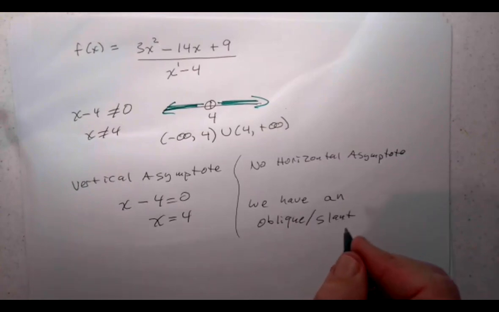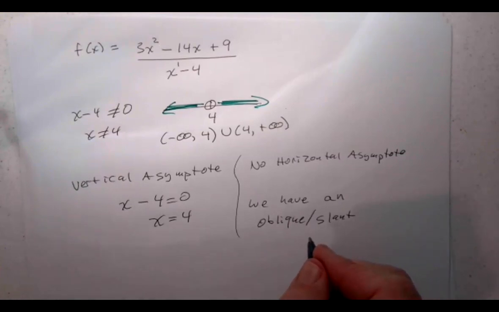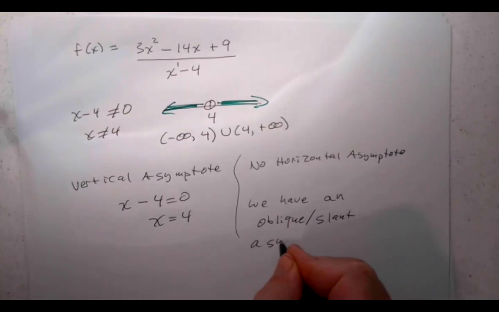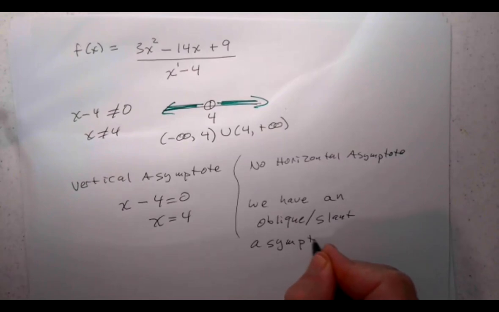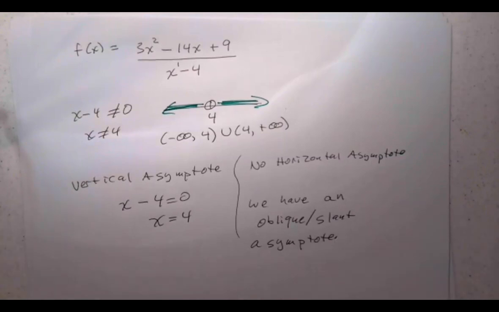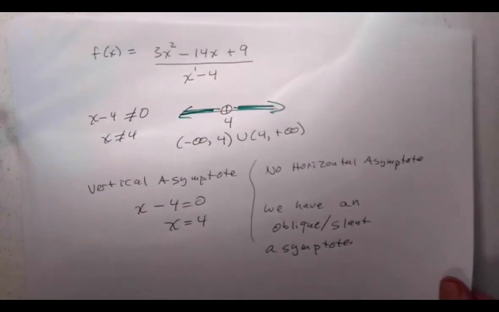And again, that happens because there is a difference of 1 between the degrees. Top is bigger by 1. And we're going to find that by either using synthetic division or polynomial long division. So let's look at the process of finding the equation of the slant asymptote.